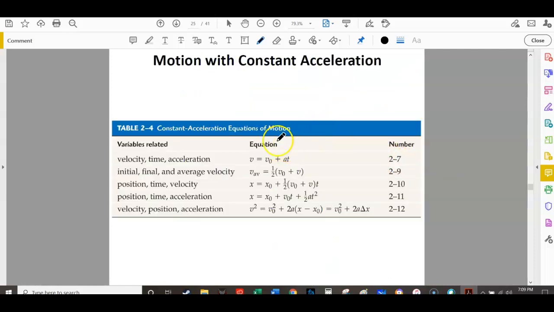So overall, here are all the different types of equations of motion. And I just added this here just to let you know average velocity, just in case. But you don't necessarily need this. But overall, here we have the linear fit of a position versus time. We have the linear fit for a velocity versus time graph.